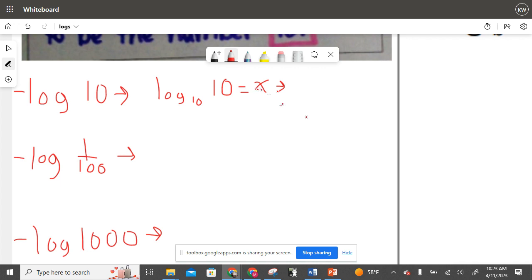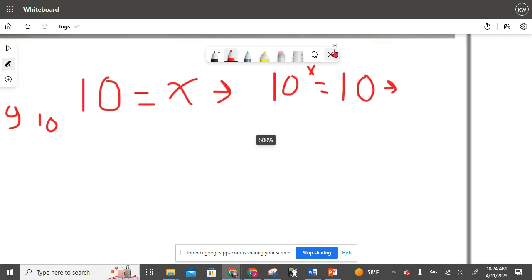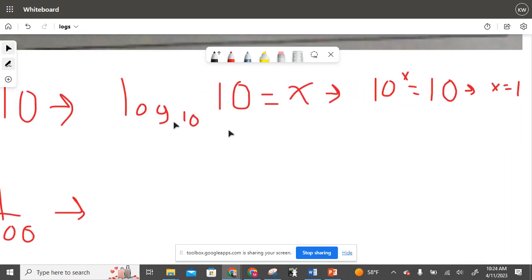Really, what I'm asking you is 10 to the x power gives you 10. So that means that x is what? What would x have to be here to give us 10? There we go. That means x here is 1, which also means that if you're writing this down, your log of base 10 of 10 is equal to 1.